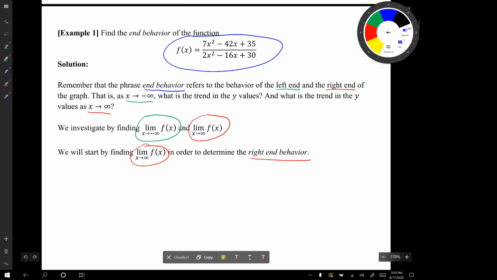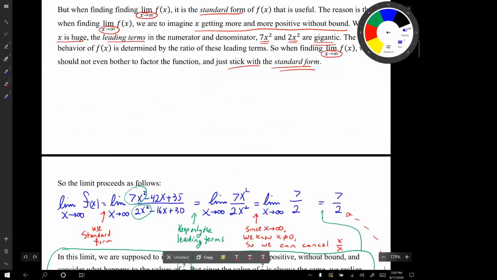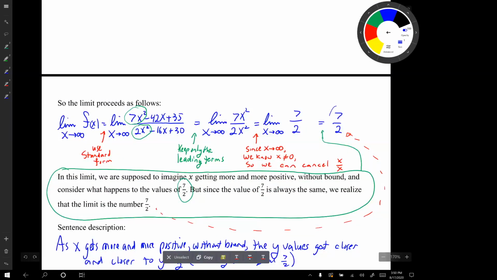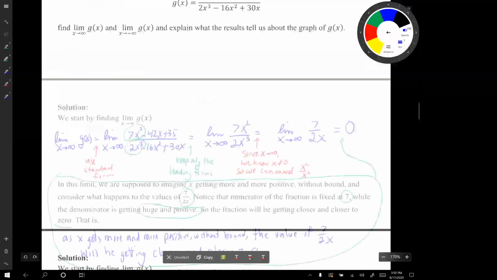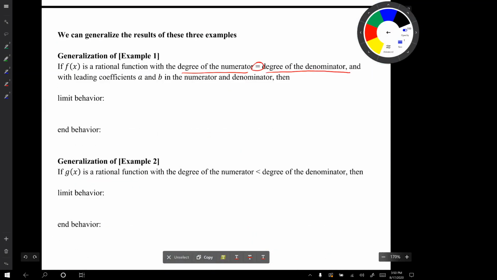Well, what happened in that example was the limit turned out to be 7 over 2, the ratio of those leading coefficients, and that, of course, was the height of the horizontal asymptote. So that generalizes in the following way. If we have leading coefficients a and b, then the limit as x goes to infinity of f of x is a over b, and the limit as x goes to negative infinity of f of x is also a over b.